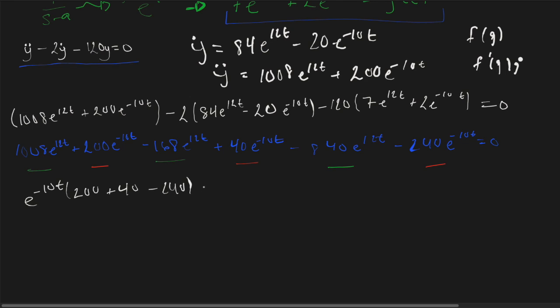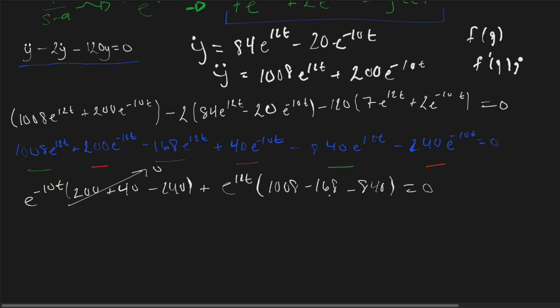And then we're going to do plus e to the 12t, 1008, and then minus 168, minus 840. And that has to equal 0. So we know this equals 0 just by looking at it. But this one is not so easy to tell.